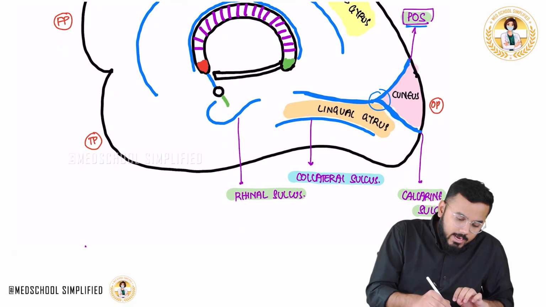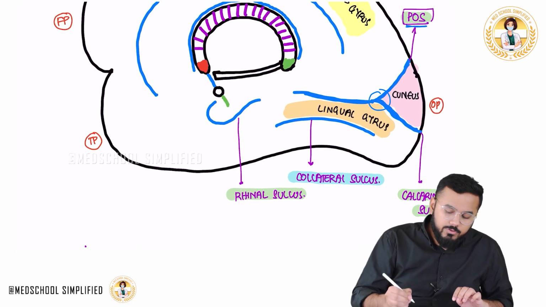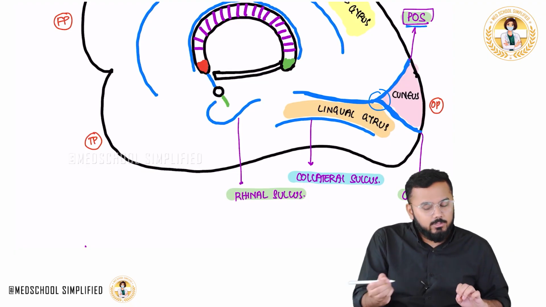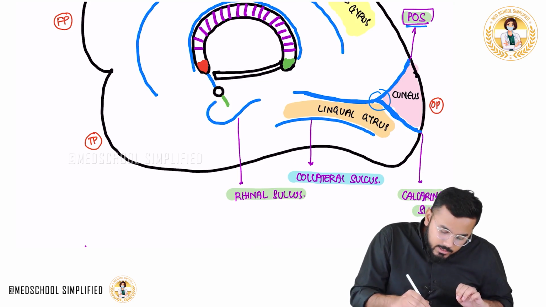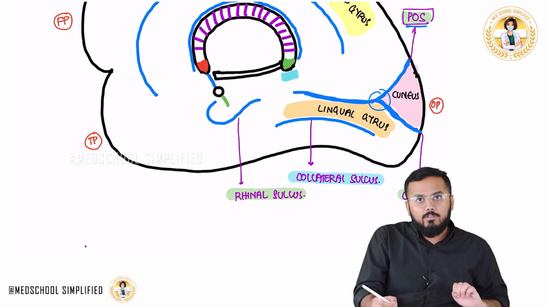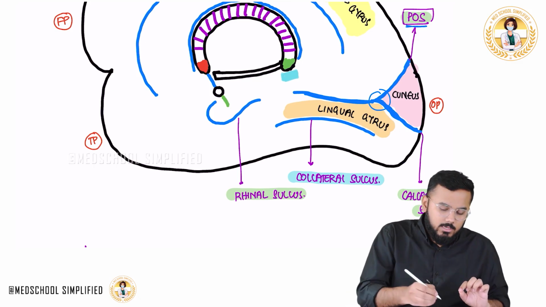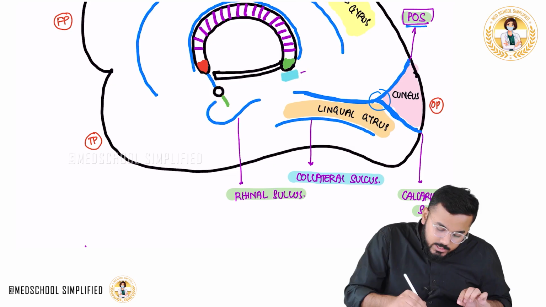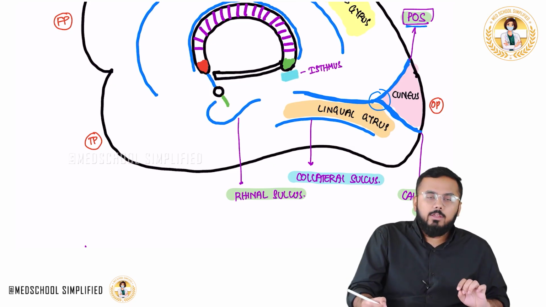Second important thing, if you very closely observe here, just beneath the splenium, this green colored thing is the splenium. Just beneath the splenium you have a small gyrus, which is called the isthmus.